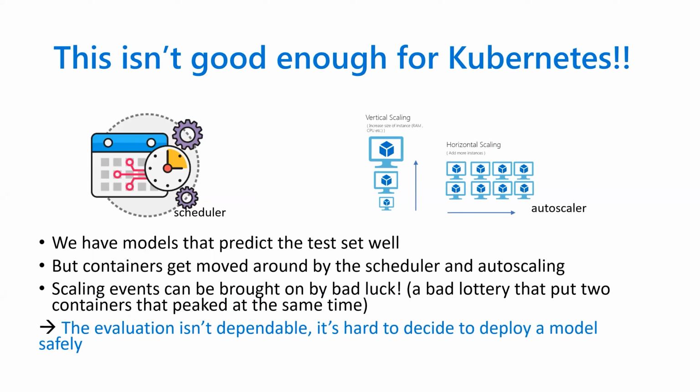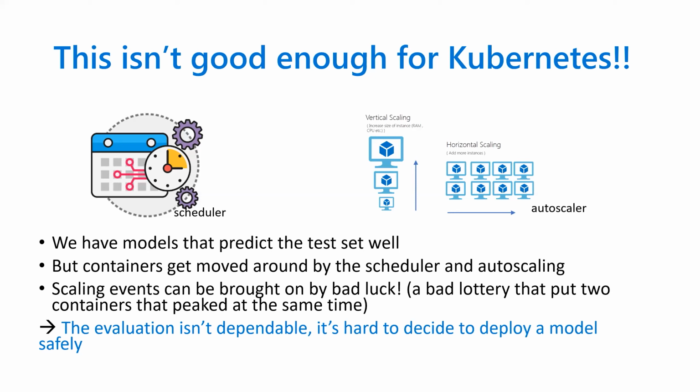And that is because in Kubernetes, even though we can use historical data and perform well on the test set, the data keeps shuffling. The containers move around, the scheduler and the autoscaler shuffle the scheduling, and not necessarily the scheduling that we tested on would be the future scheduling.